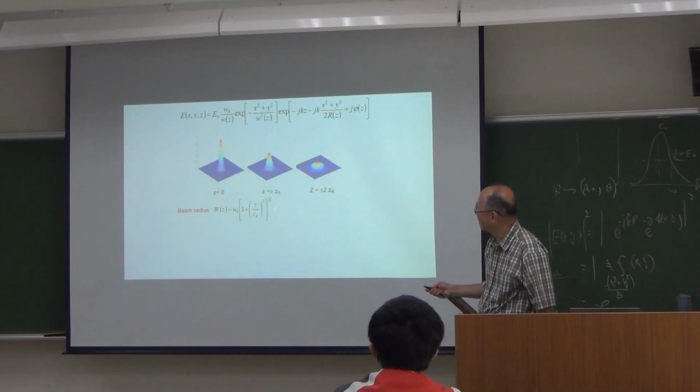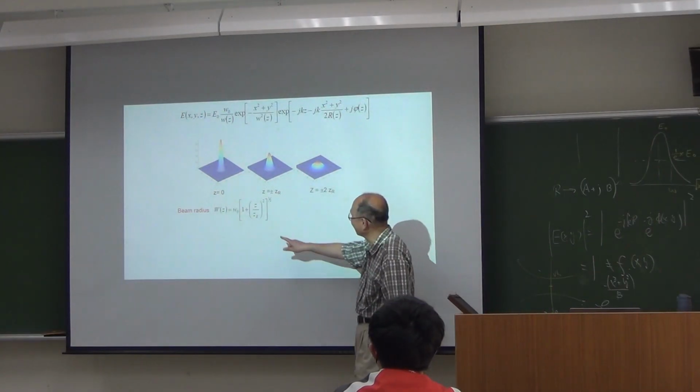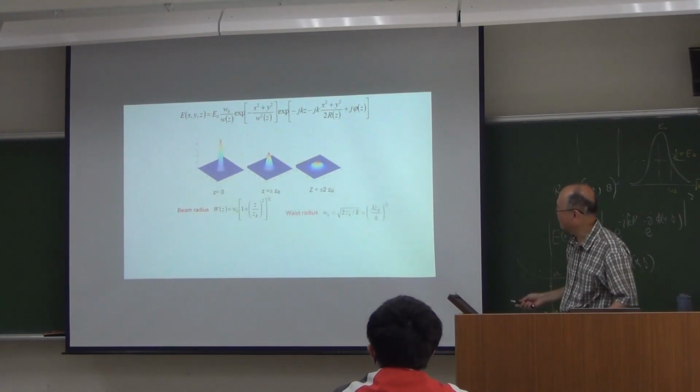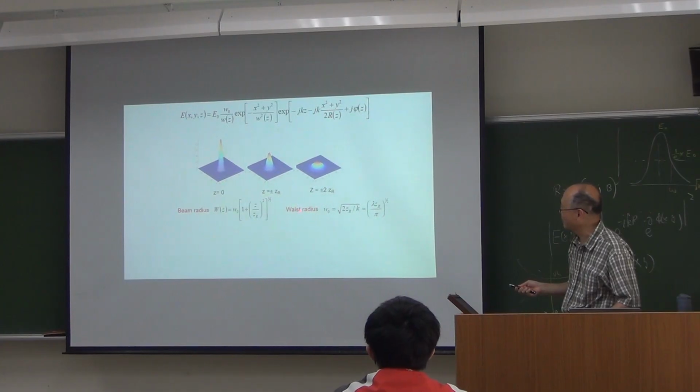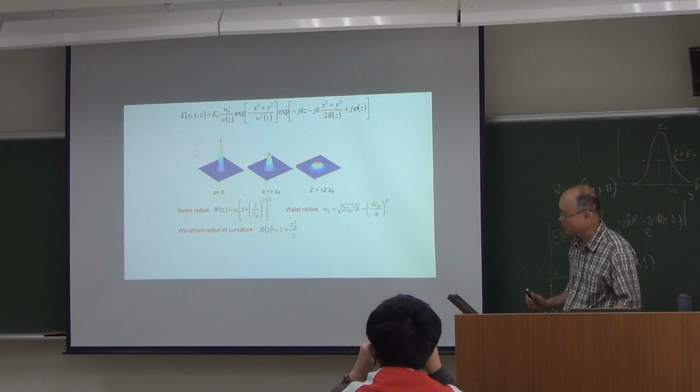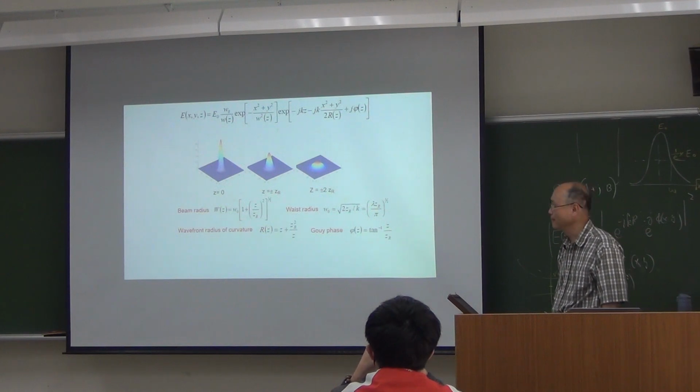So the beam radius is described by this, the Rayleigh range, and then we have the additional beam width radius defined at z equal to 0. When z equal to 0, you have this width radius given relevant to this Rayleigh range. And then you have the wavefront radius, or this geometric radial curvature given by this expression, and you have the Gouy phase.